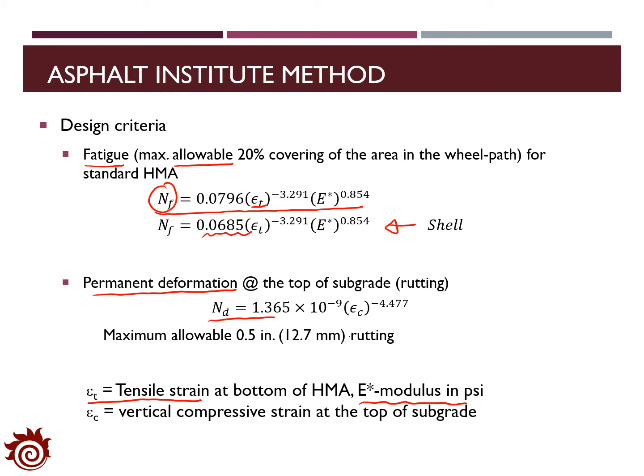And the equation here shows the relationship between the number of load repetitions to the vertical compressive strain at the top of the subgrade. With this number of load repetitions, we can reach the maximum allowable of 0.5 inch or 12.7 millimeter rutting.